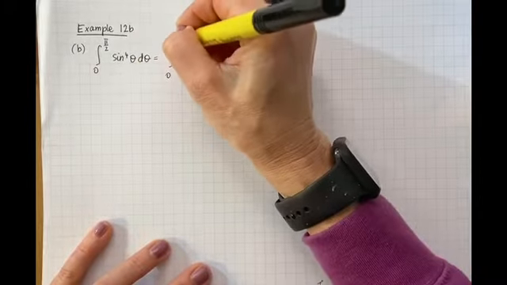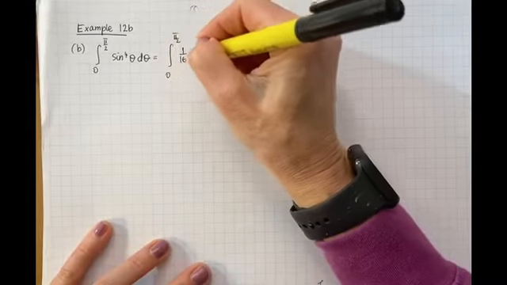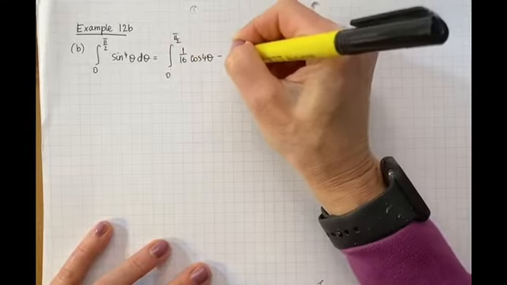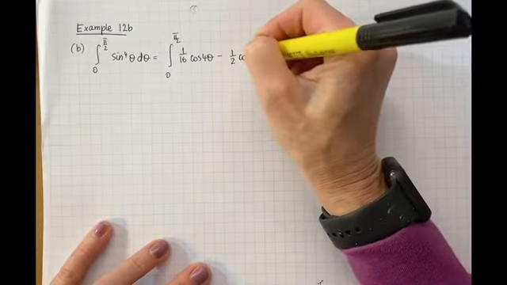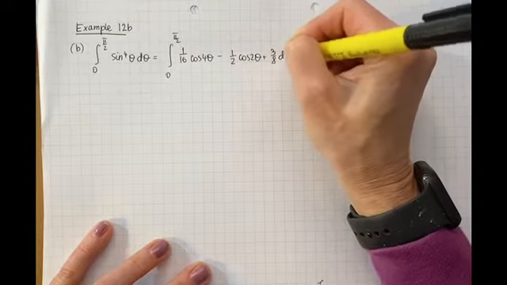So sine to the power 4 theta, we found that this is 1 over 16 cos 4 theta minus a half cos 2 theta add 3/8 d theta.